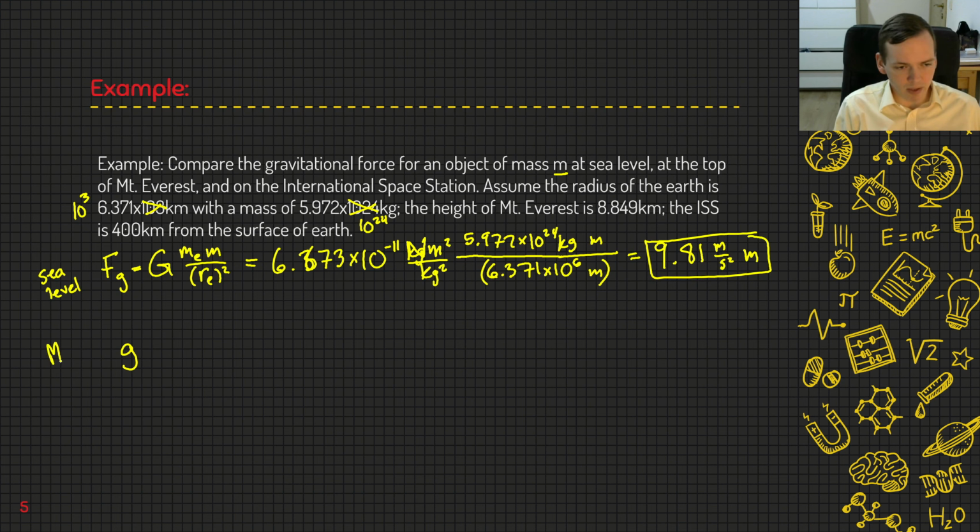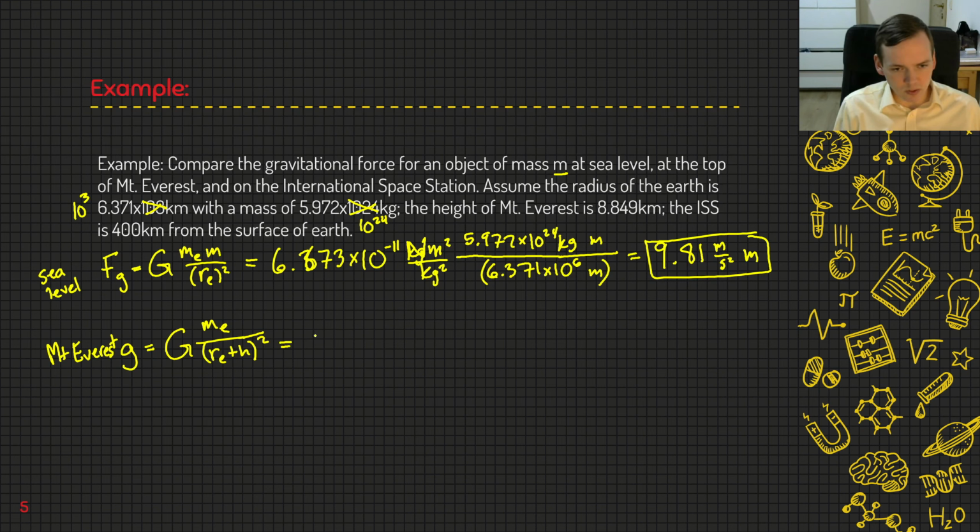So this is for Mount Everest. Little g is going to equal big G times the mass of the Earth divided by the radius of the Earth plus the height of Mount Everest, squared, because that's how far you are now.